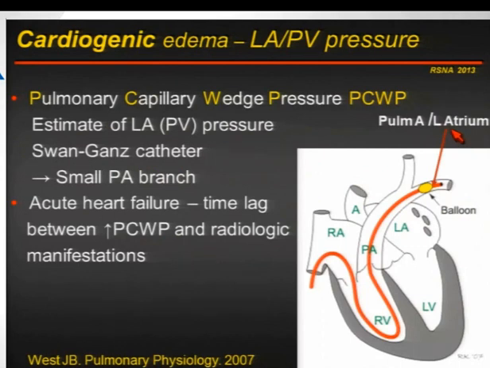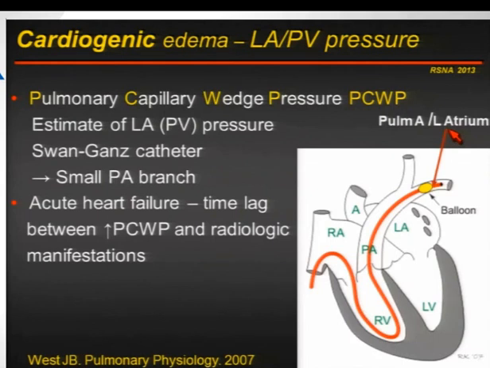The pressure in the left atrium and pulmonary arteries can be measured with the Swan-Ganz catheter using the pulmonary capillary wedge pressure assessment. This is done by inflating a balloon in a distal branch of the pulmonary artery, and measurements distal to the inflated balloon are taken, corresponding to the left atrium and pulmonary venous pressure.